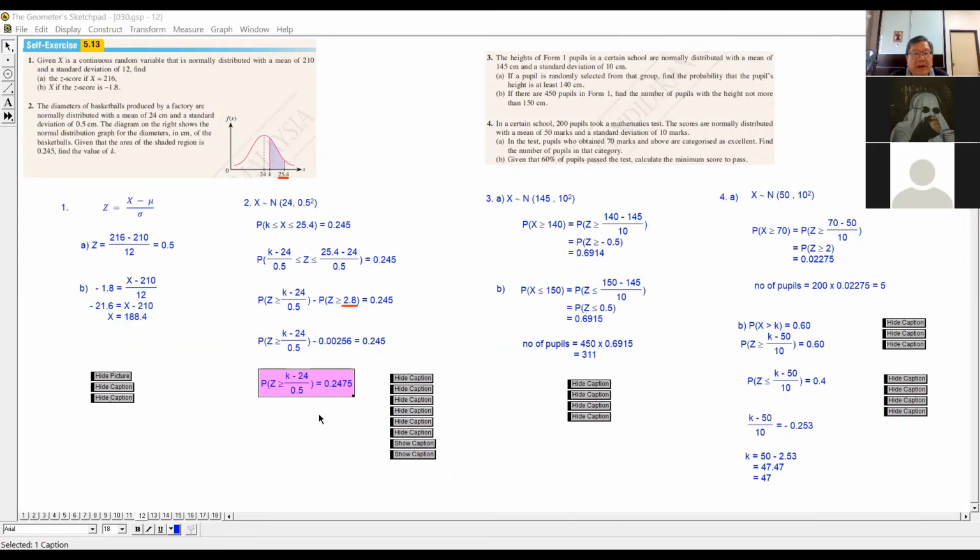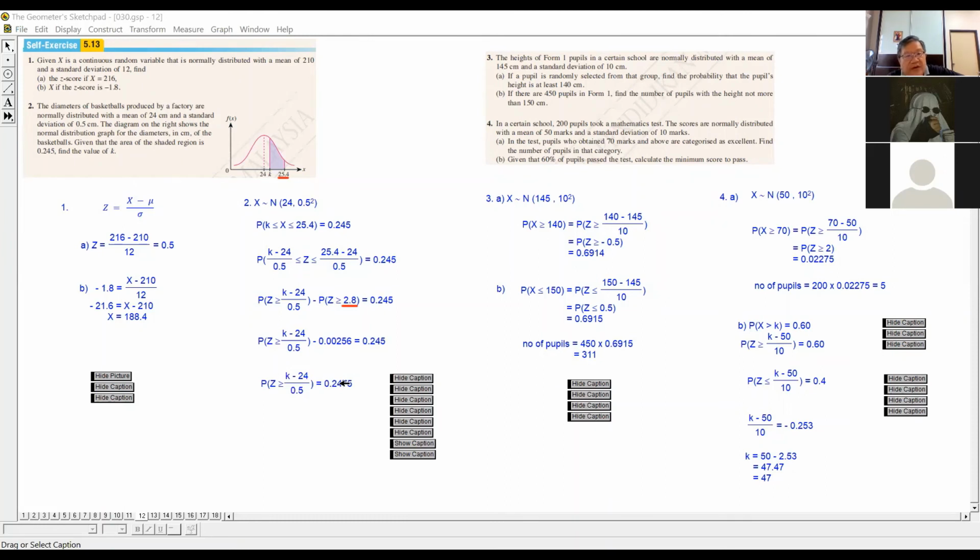Okay, so when you move this over, it is 0.245. Move over, you have to add this number, so it's 0.2475. Now this is the case of given the probability, find the z-score, because this number here is the probability.